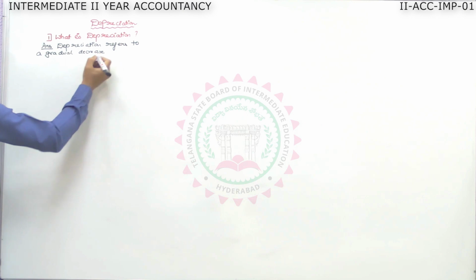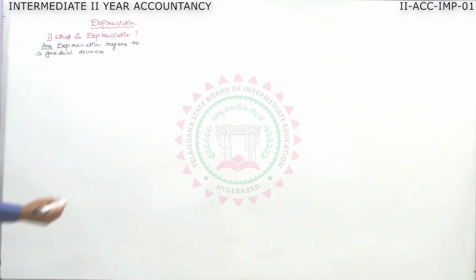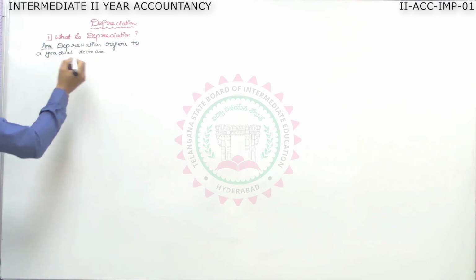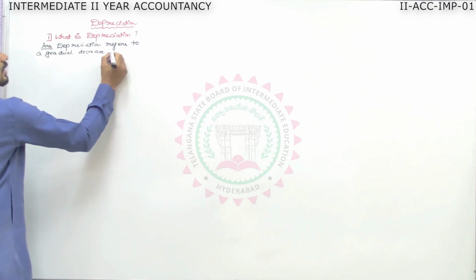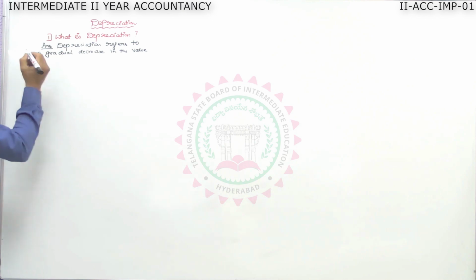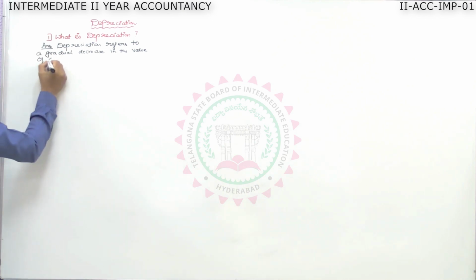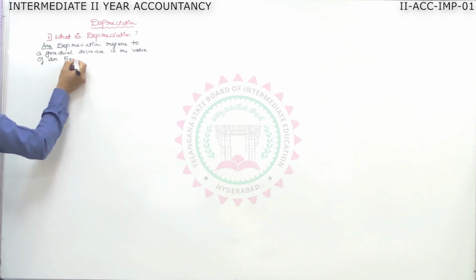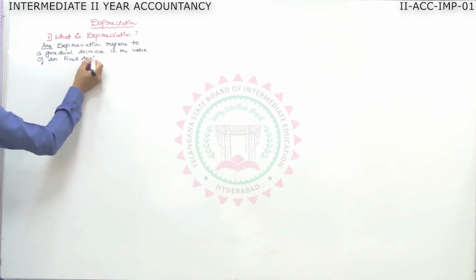You can write decrease, you can write decline also. Depreciation refers to a gradual decrease in the value of a fixed asset, dear. This is very important.